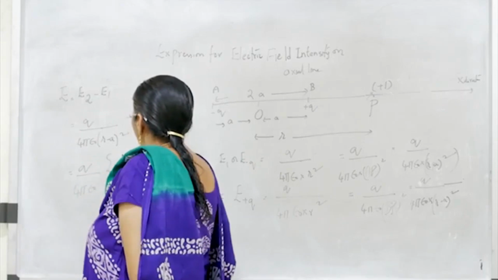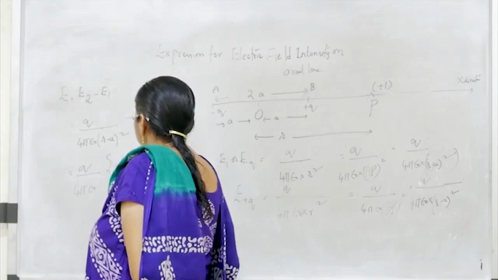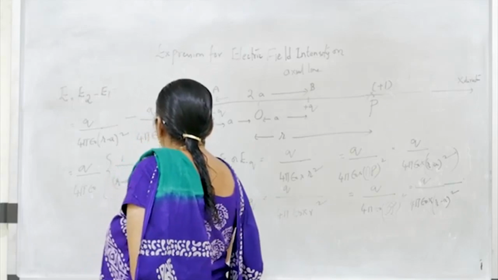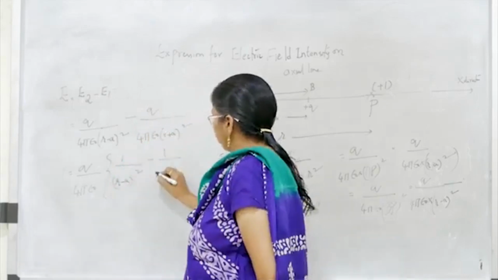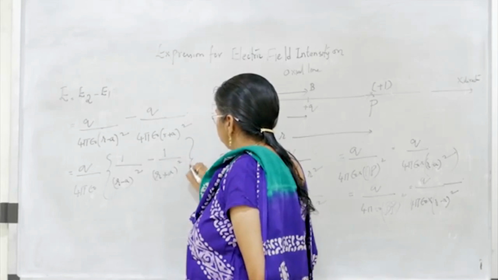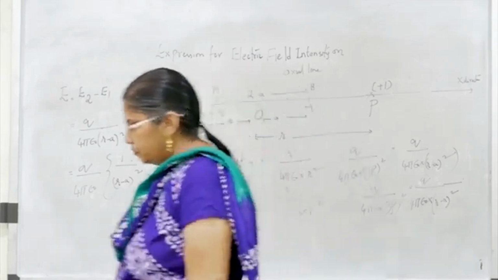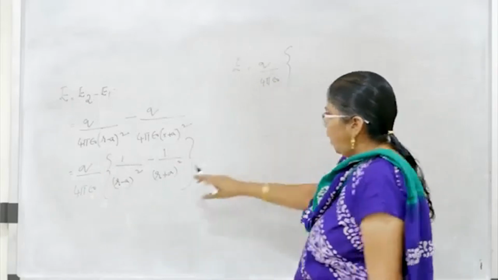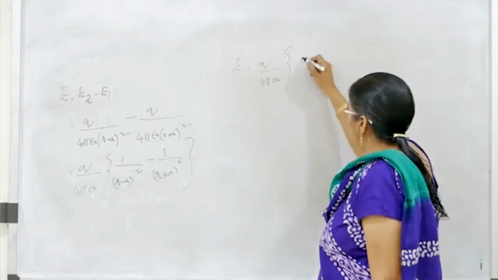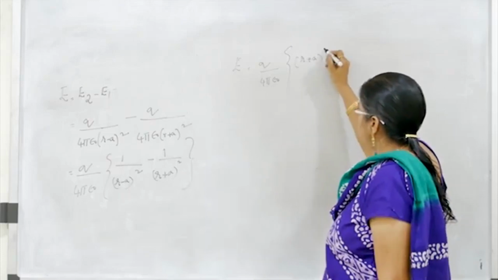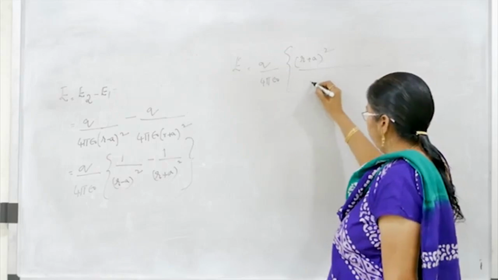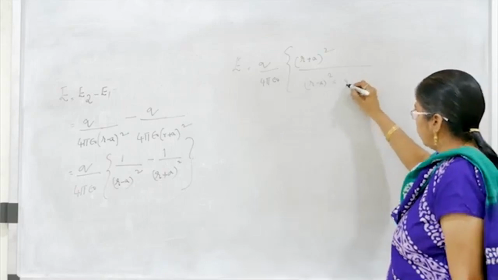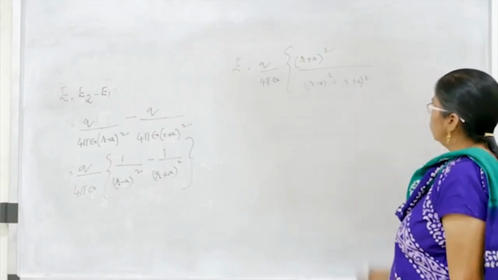So you get 1 by R minus A whole square minus 1 by R plus A whole square. I take the LCM here, R minus A whole square into R plus A whole square. So this is the LCM.